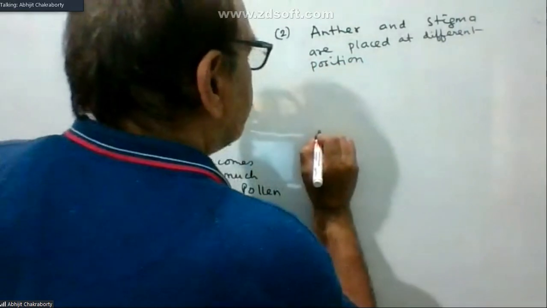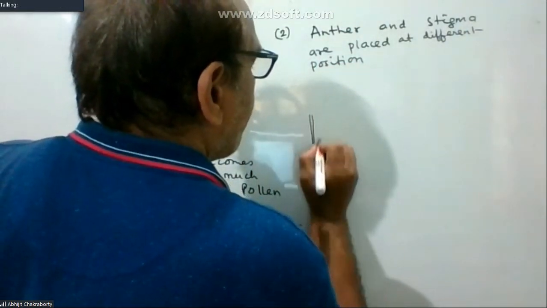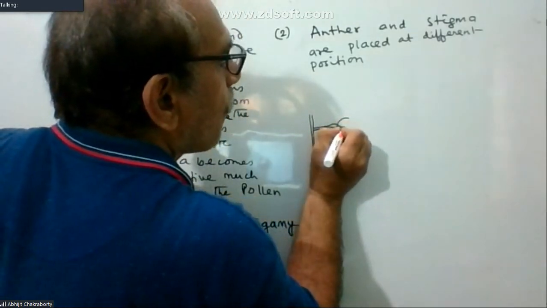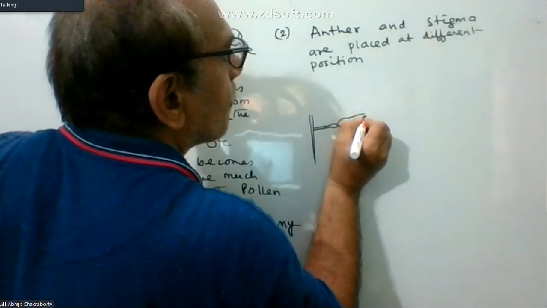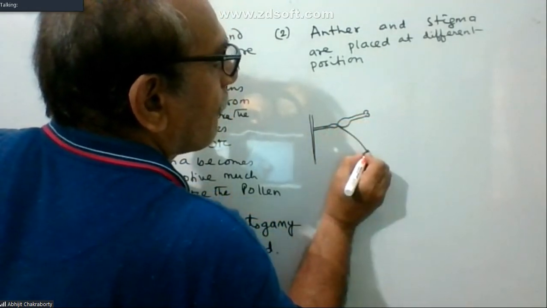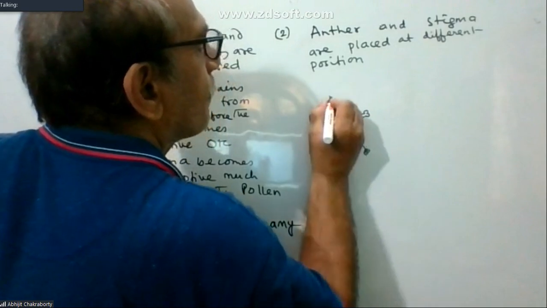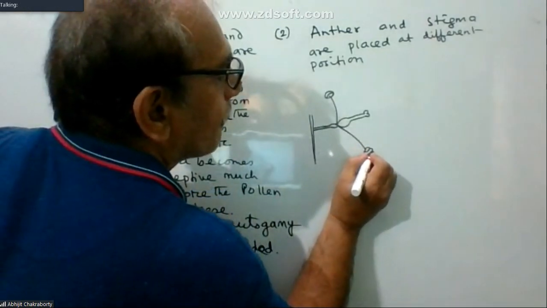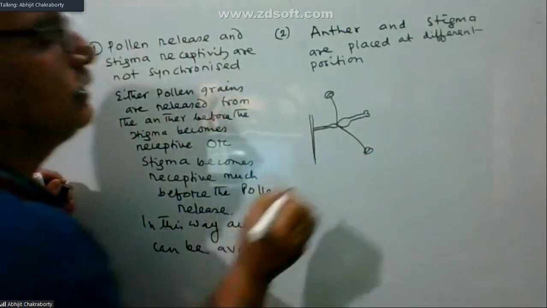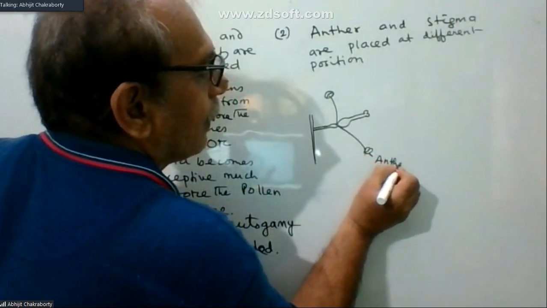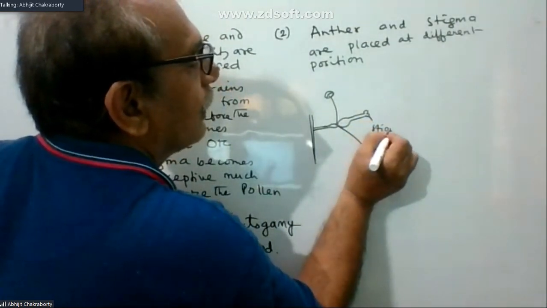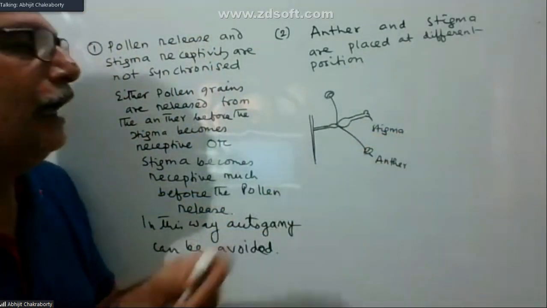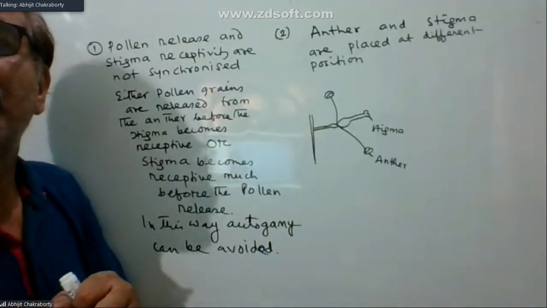Look at one thing. Look at this. This is the anther and this is the stigma. So you know, anther and stigma are found to be at different positions, and this position cannot help in self-pollination. Is it clear?